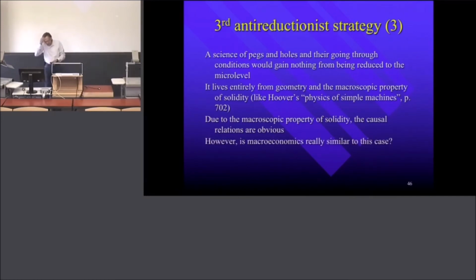Now, the interesting question is, that's in principle a good strategy. If you can show that, in many cases it works. Well, if you look at, for instance, thermodynamics, it is very similar in physics, because in thermodynamics, for many things, you are independent of the special properties of the sort of matter you are investigating.